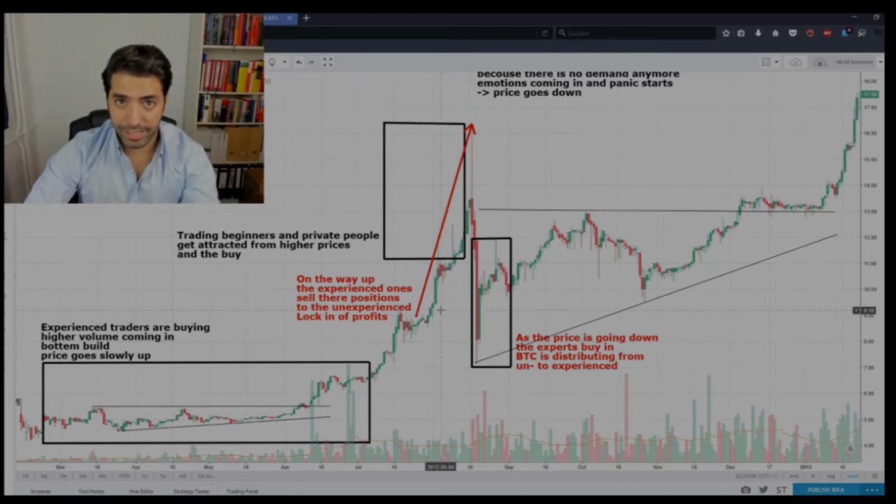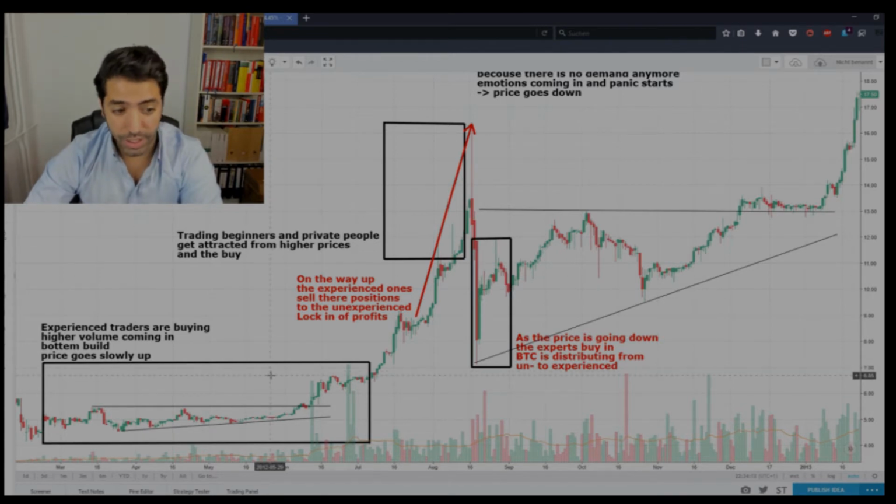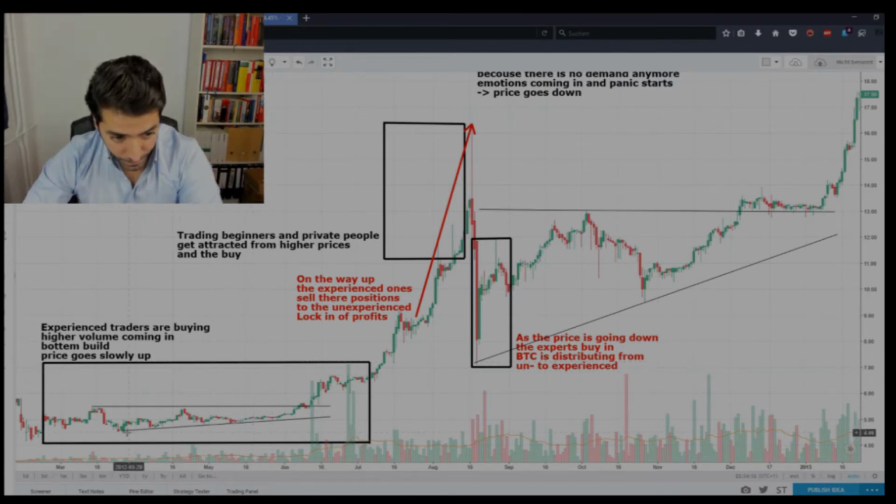So, as the buyers come in, they slowly sell their positions over to the inexperienced people outside, so that they gain their profits. And when we look at the profit they could potentially get already, let's say we take the mean of this area, somewhere around here, I would say.